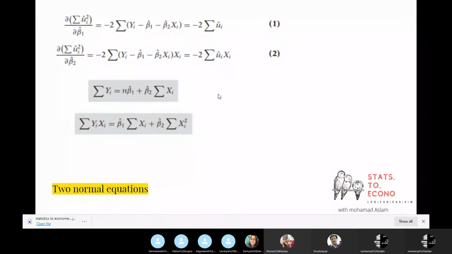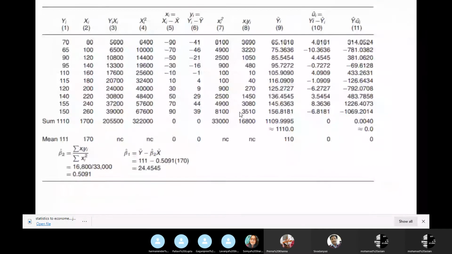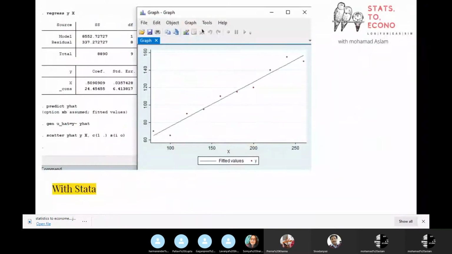If we solve these two normal equations, we can get the sample estimates beta 1 hat and beta 2 hat. So this is how you can derive the sample estimates beta 1 hat and beta 2 hat in a bivariate regression analysis, meaning only one independent variable, and the dependent variable is a quantitative ratio scale variable.